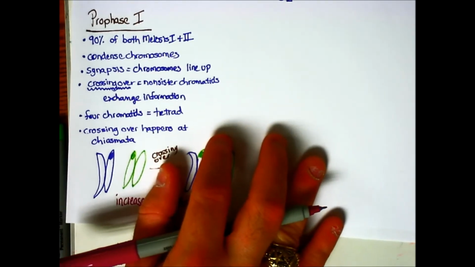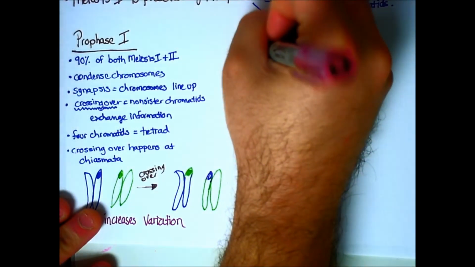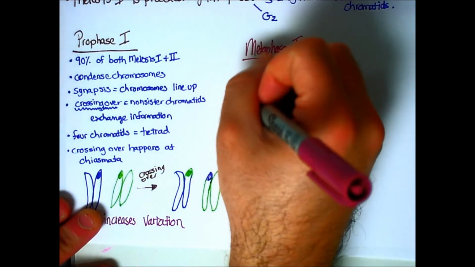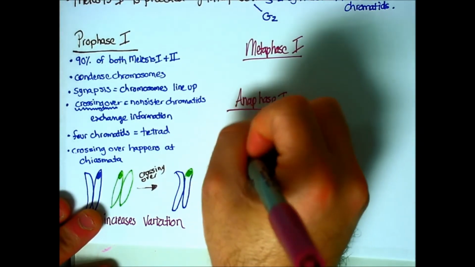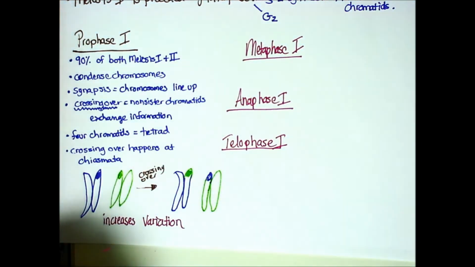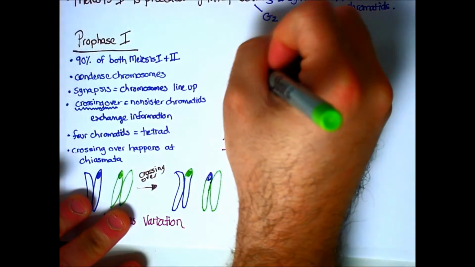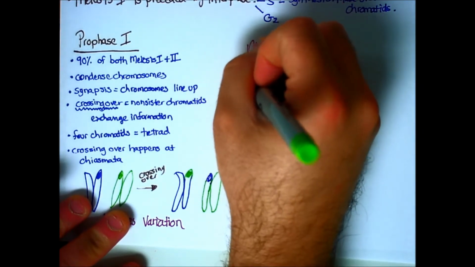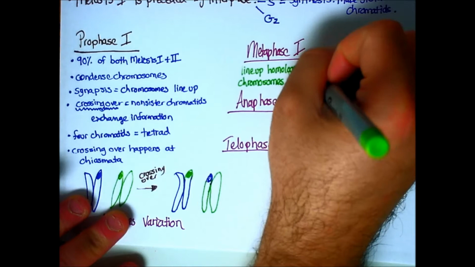Now, after prophase 1 is the standard rest of the PMAT: the metaphase 1, the anaphase 1, and the telophase 1. Metaphase 1 is when you line up the homologous chromosomes at the equator, or the metaphase plate.